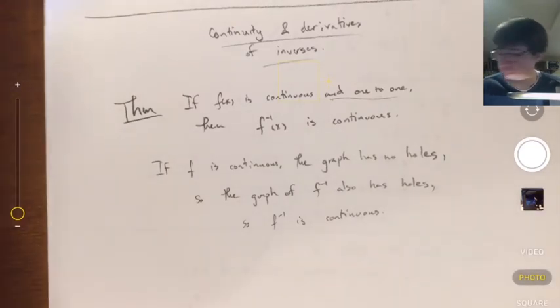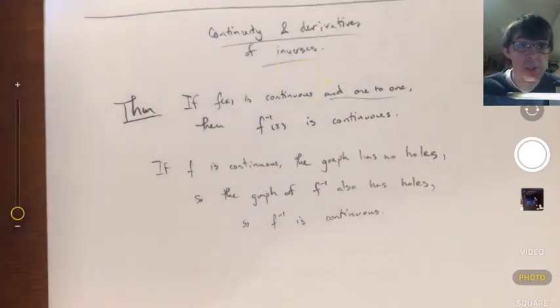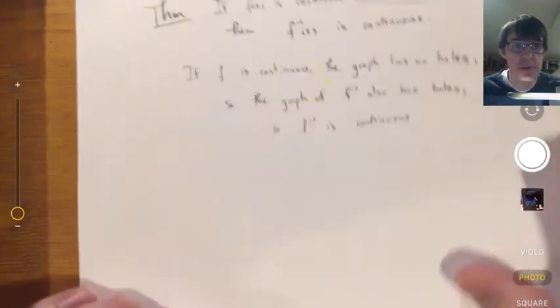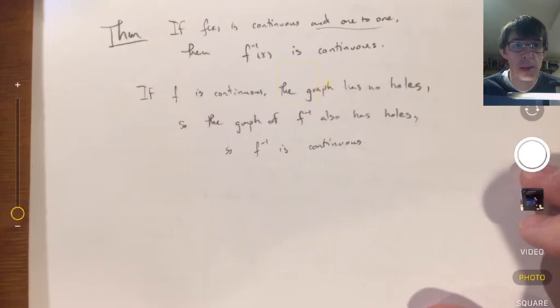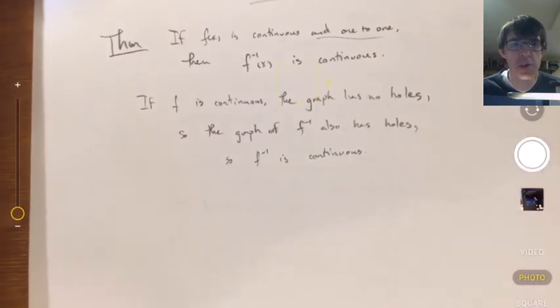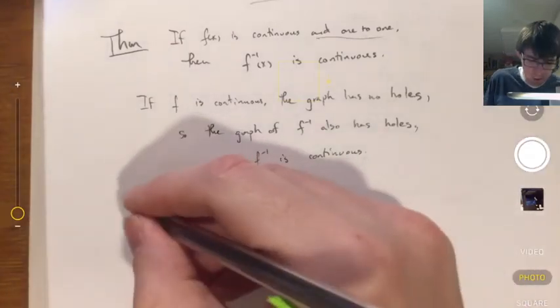Okay? What about derivatives? Now, for derivatives, there's a similar kind of theorem that says if a function is differentiable, then the inverse is also differentiable. Although there are some caveats. So I'm going to say, what about derivatives?